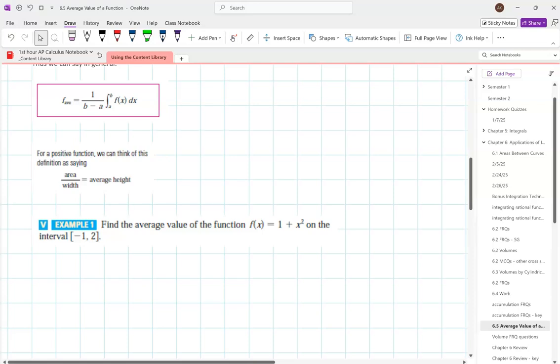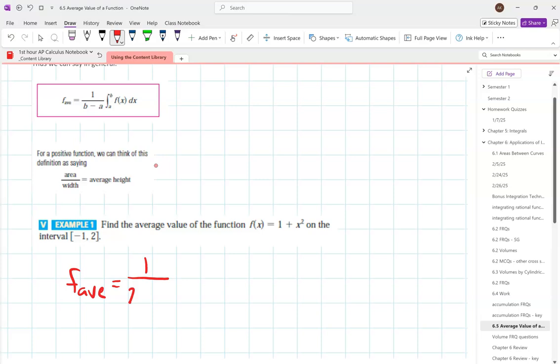So for example, if we want the average value of the function f of x equals 1 plus x squared on the interval from -1 to 2, we'd say that f average is 1 over 2 minus -1 times the integral from -1 to 2 of 1 plus x squared dx.